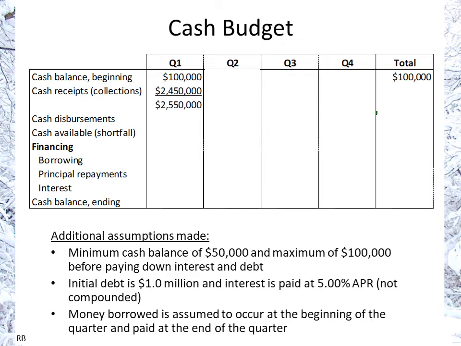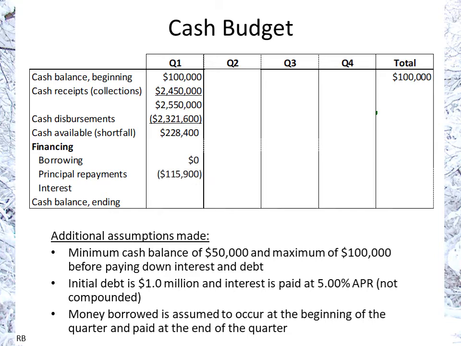So the cash receipts we calculated from Q1 were 2.45 million. The disbursements were 2.321, and that gives us an availability of 228,000. That is above the 100,000 that we have, so we can pay down some debt. We have to pay, of course, also the interest on the debt because it's existing at the beginning of the quarter.